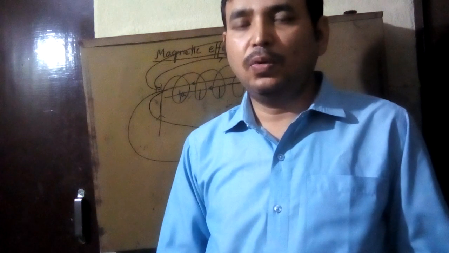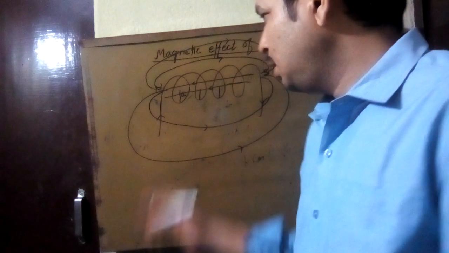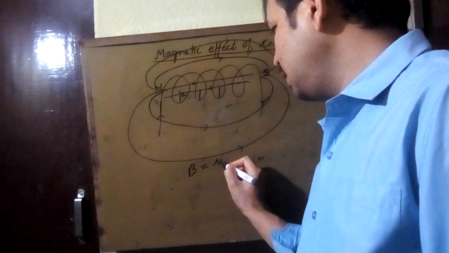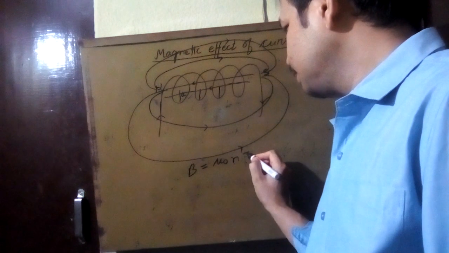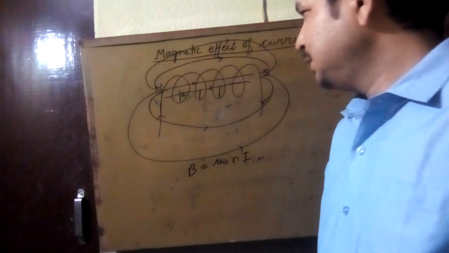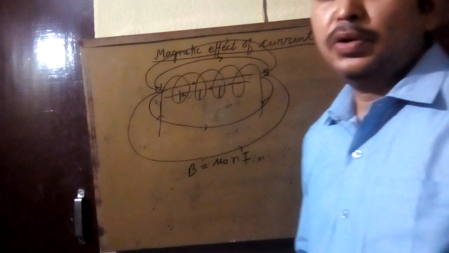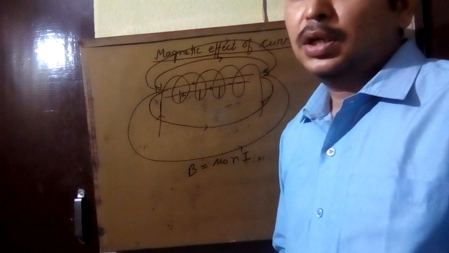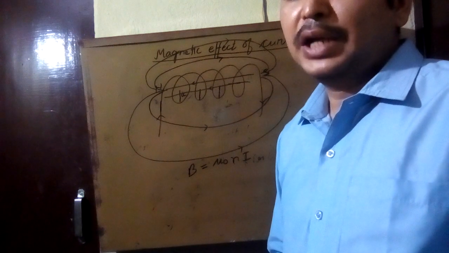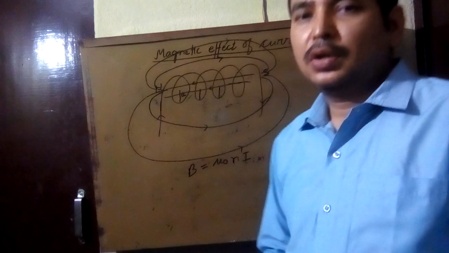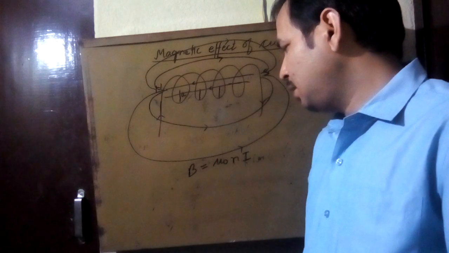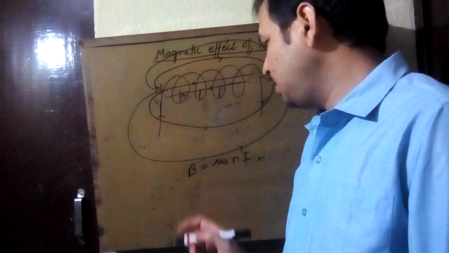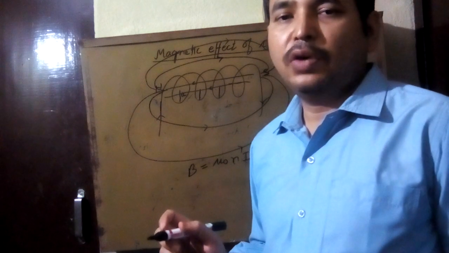So this is the rule. And third is the magnitude. The magnitude of magnetic field inside the solenoid is given by the formula mu naught N i. You do not have to be concerned with the formula, it is in class 12. But in class 10, the question is given: state the factors on which magnitude of magnetic field inside the solenoid depends.